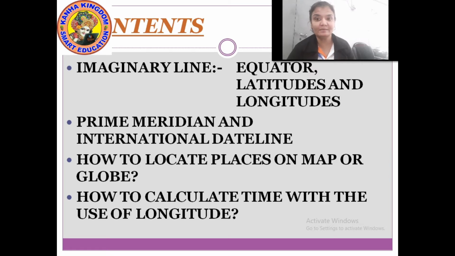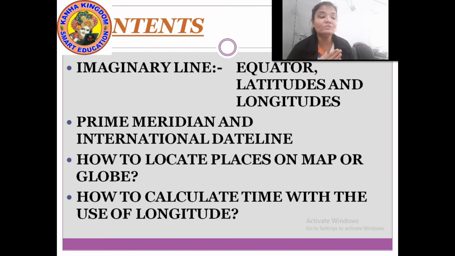Let's just revise it very quickly. Equator. What is the equator? Equator is an imaginary line at the center of the earth. It is the longest latitude and it divides the earth into two equal halves. Now, latitudes.